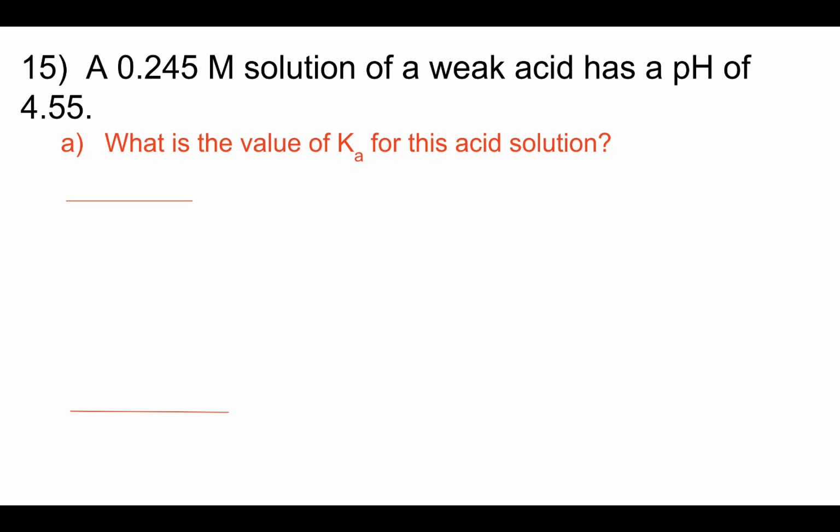This is another situation where it doesn't give us the actual weak acid. So we're going to write the generic Ka expression. So we've got our hydronium and conjugate base on the top, and we have our acid on the bottom. So what do we know about this? We know for sure that we have a pH of 4.55, and the pH is found from the negative log of the concentration of hydrogen, which is our hydronium ions here.